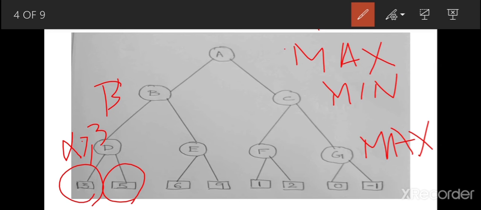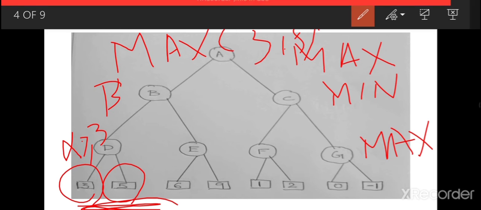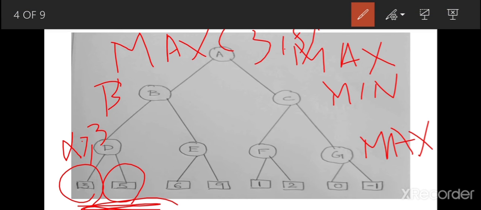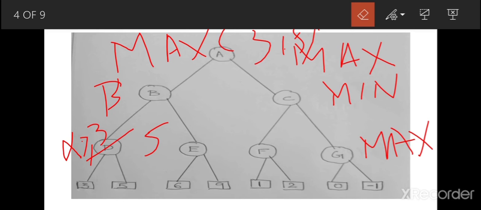We have to get the maximum from these two nodes, 3 and 5. What is the maximum of 3 and 5? 5. So the node D's value is 5. Is that clear? The node D's value is 5.